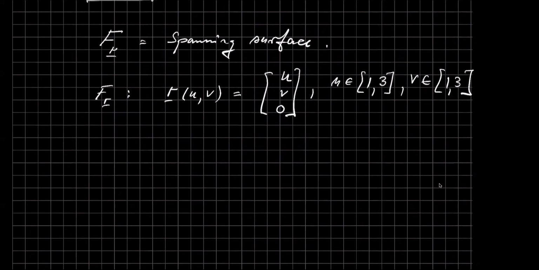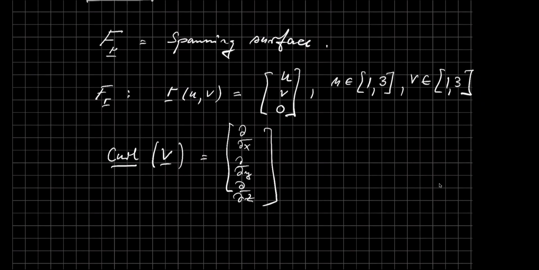I take the curl, which is a vector, and this is simply the cross product between the gradient d dx, d dy, and d dz of my vector field. As I remember, it's y, x, y, and then x squared.